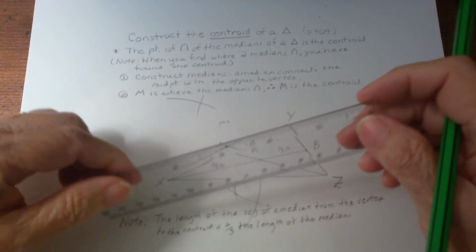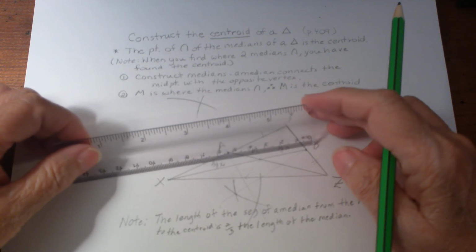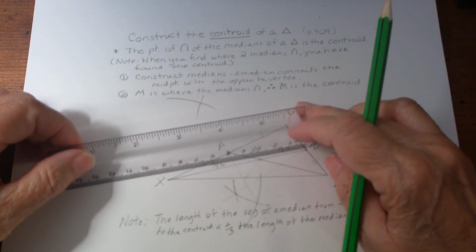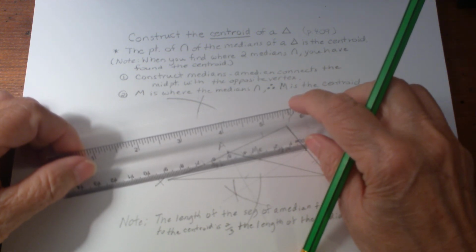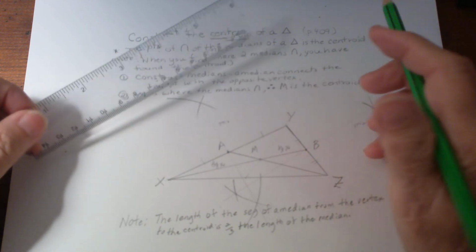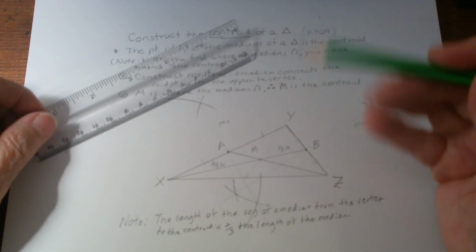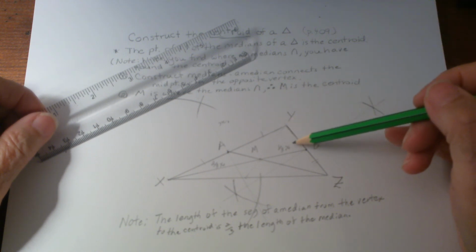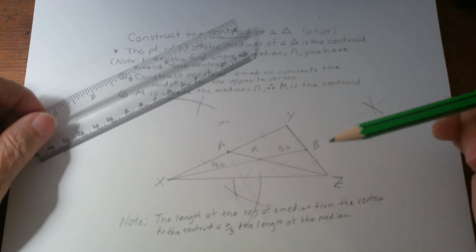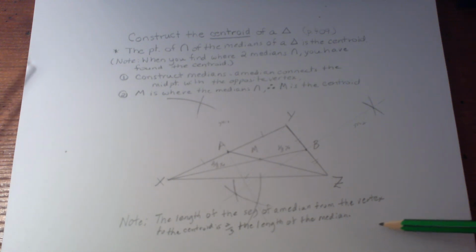Or it could be centimeters. In this case, my X measurement would be 9 centimeters. So 1/3 of 9 centimeters, 2/3 of 9 centimeters, which is what we saw to begin with, 3 centimeters and 6 centimeters. So that's a very important fact for you: the length of the segment of a median from the vertex to the centroid is 2/3 the length of the median.